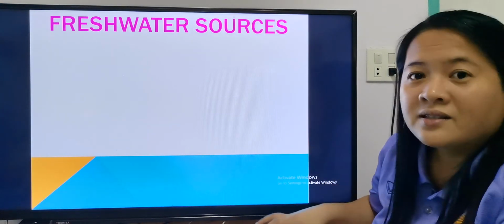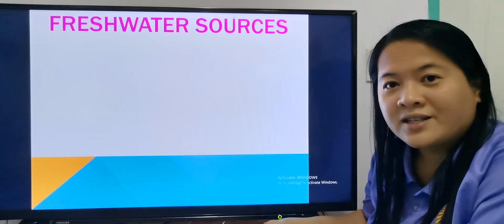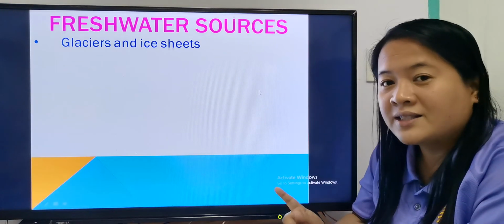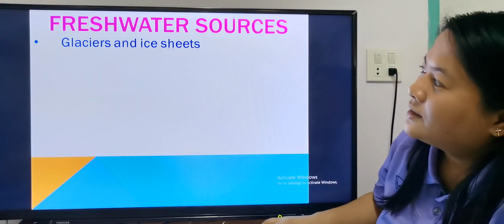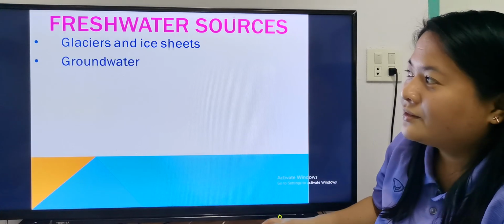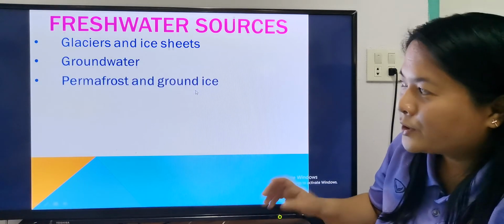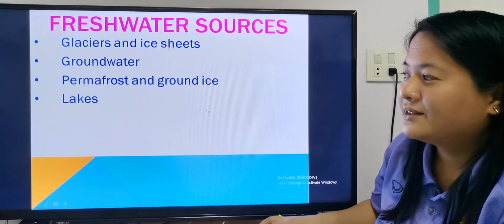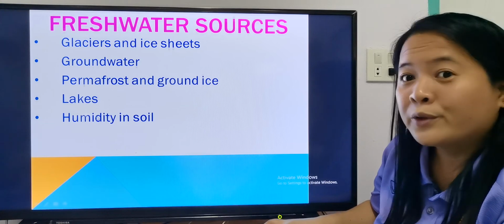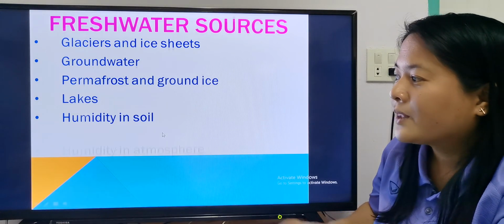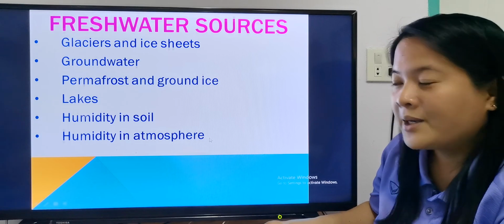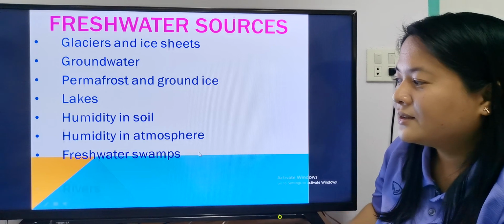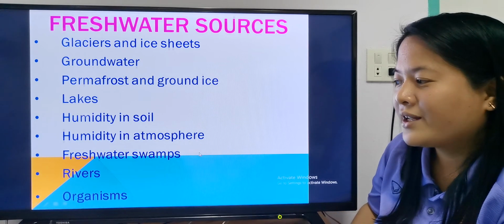So here is the summary of the freshwater sources. What are the freshwater sources? We have glaciers and ice sheets, groundwater, already studied that, and permafrost and ground ice, lakes, humidity in soil or the moisture in soil, humidity in the atmosphere, freshwater swamps, rivers, and organisms.